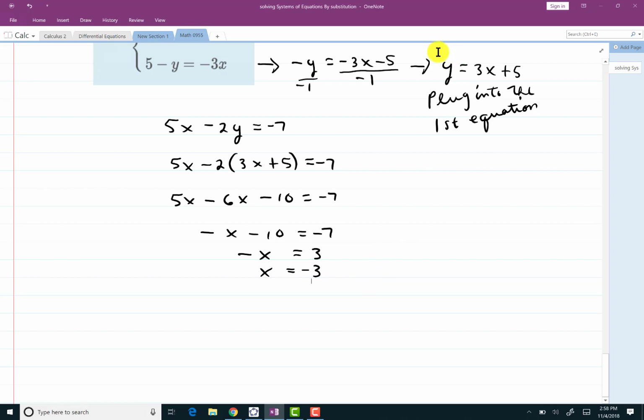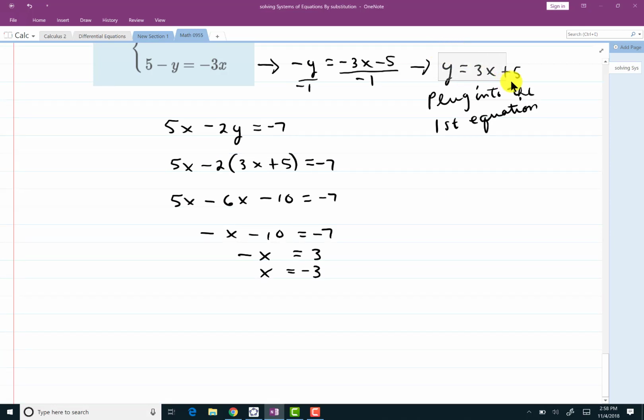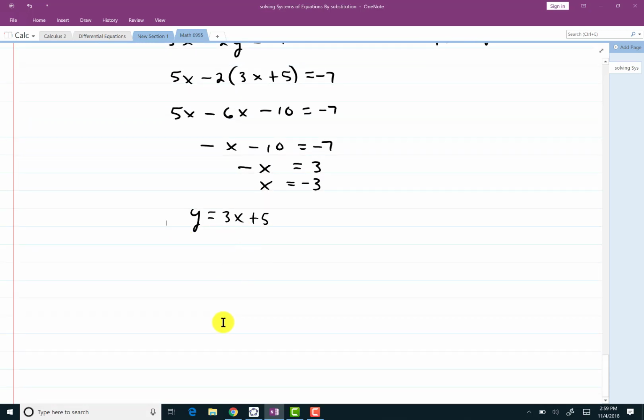Now I've got to go and grab the equation that I had for y back, and I will replace x with negative 3 now, so I get y equals 3 times negative 3 plus 5. 3 times negative 3 is negative 9. So y equals negative 4.